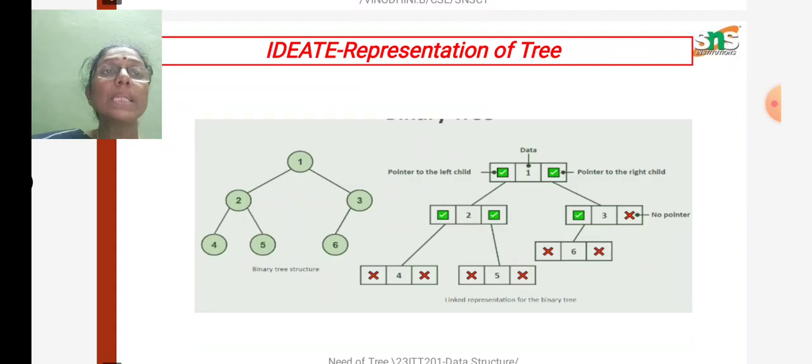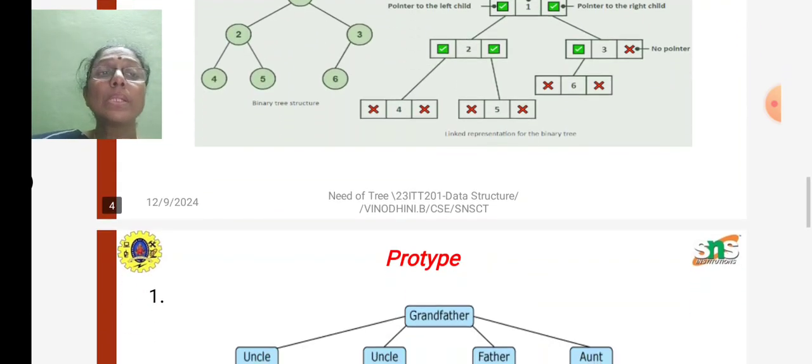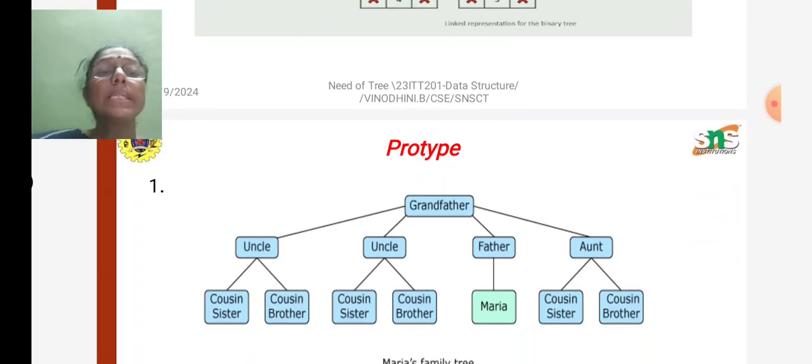Now we will see how we can represent our problem statement using the tree data structure. Here we have a grandfather. The grandfather has four children: two uncles and one aunt, and Maria's father. Each uncle has a son and a daughter, and Maria is the only child of her father.